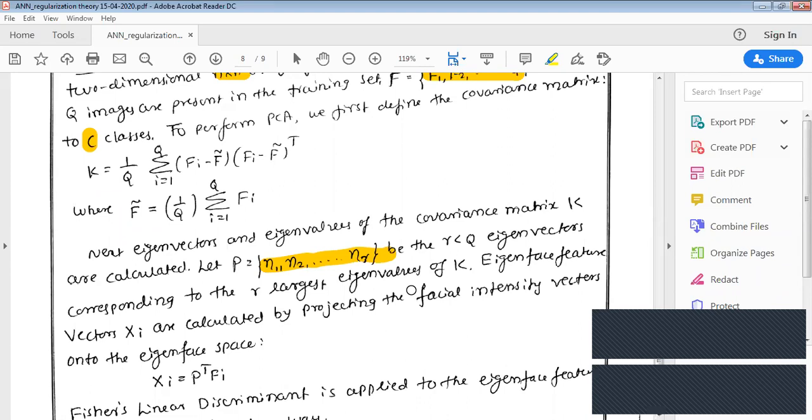Let us say by solving this we get 20 features, out of which 10 are very significant and the remaining 10 become very small, so we take only 10. They need not be 1 to 10, it could be 2, 5, 6, something like that. Those 10 will represent the important features of the face.